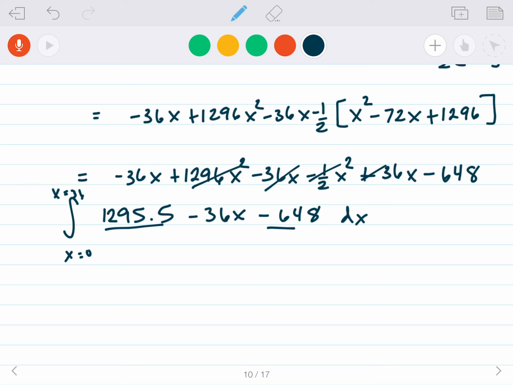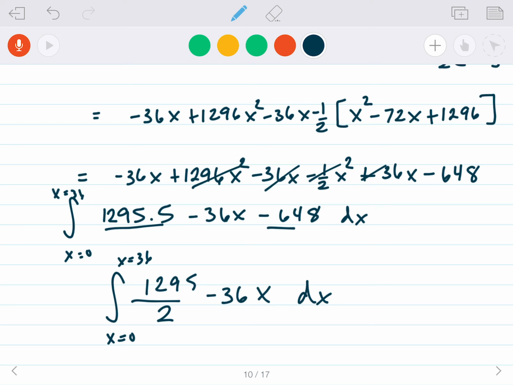Okay, so this is 1295 over 2. Yeah, okay. Alright, let's go ahead and put that there. And I still haven't integrated it. Let's do it now that everything's combined.